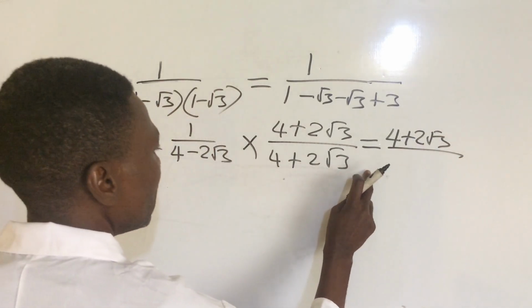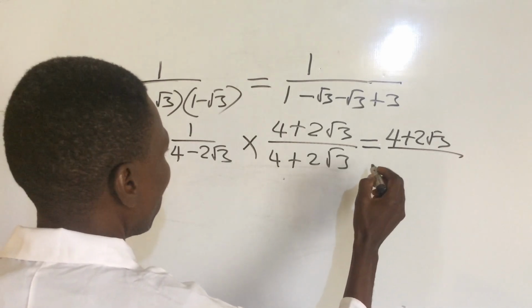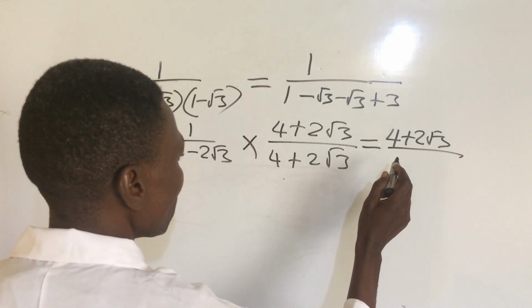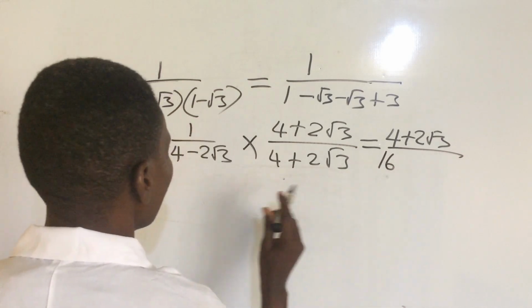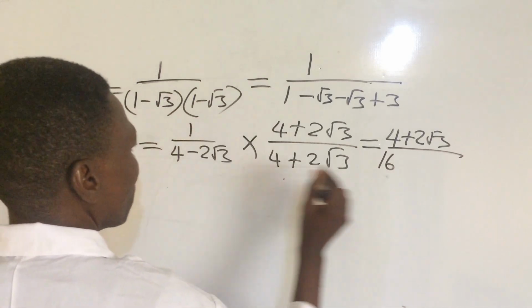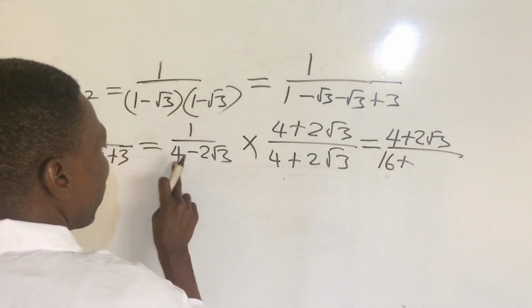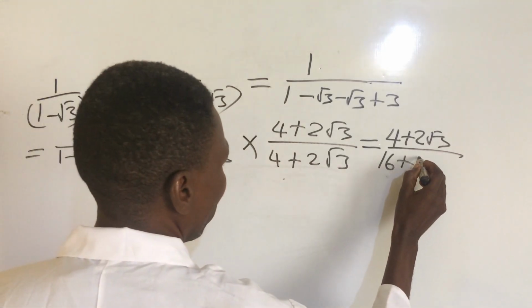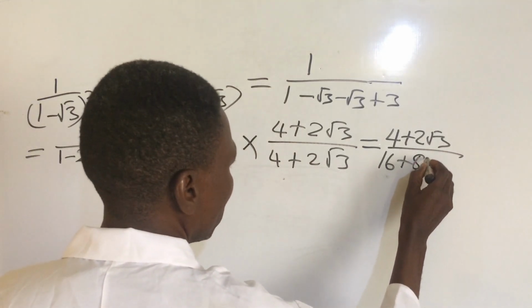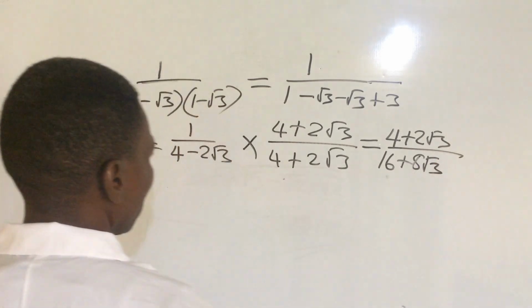This 1 times this will now give us 4 times 4 is 16, plus the same 4 times 2 root 3 will give us 8 root 3, okay?